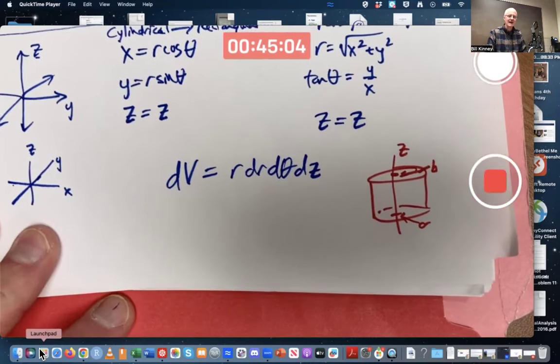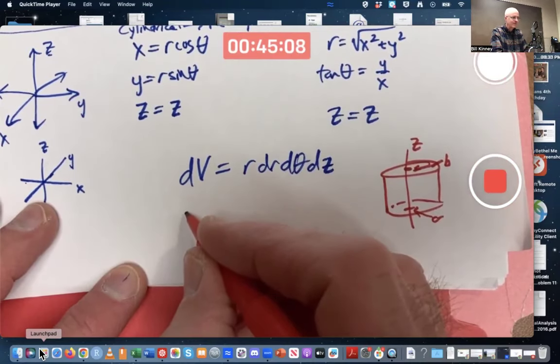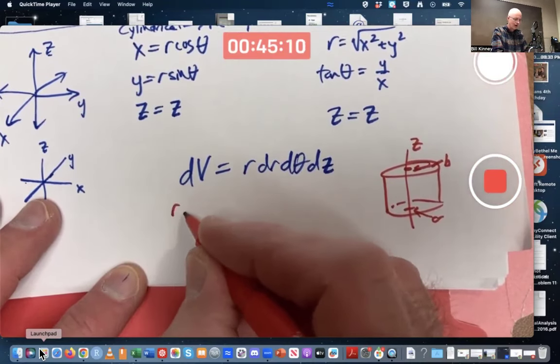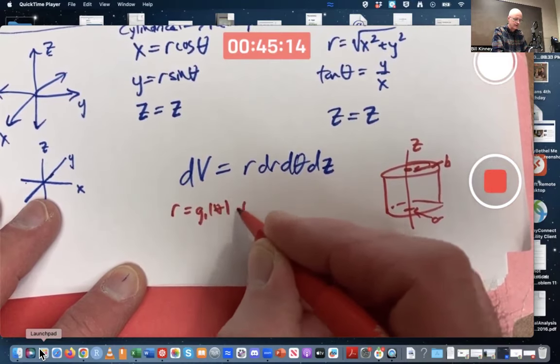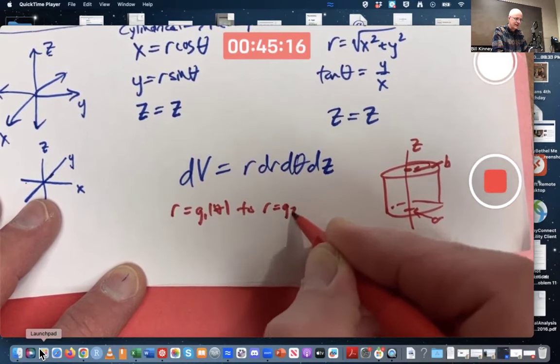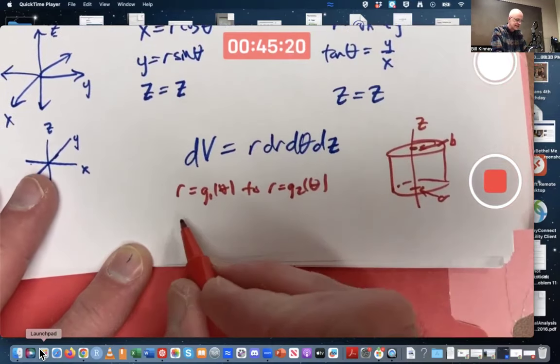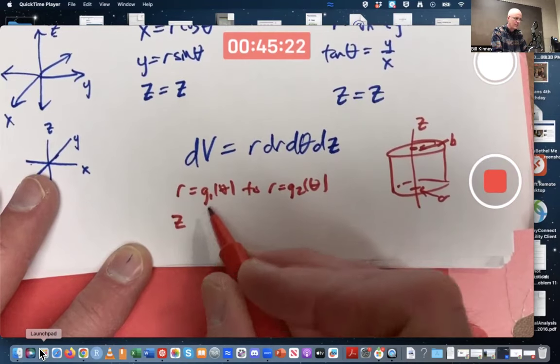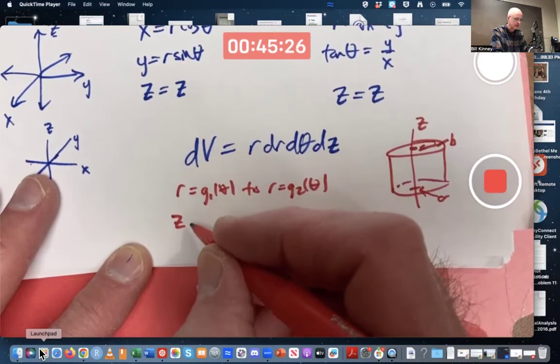In general, r could still depend on theta. r could go from g1 of theta to g2 of theta. And it also gets complicated because sometimes you think of z as going between two functions of both r and theta. That's probably the most complicated part of it.